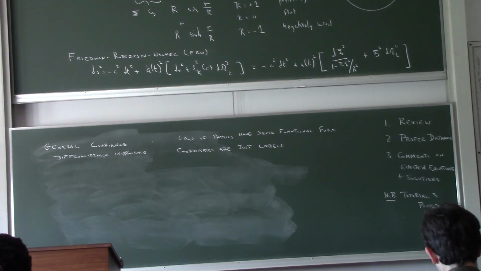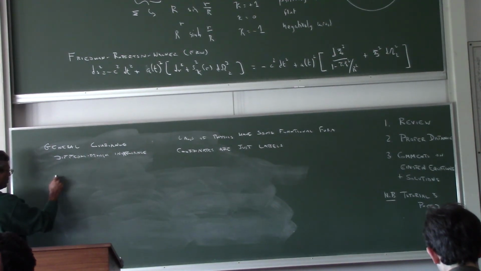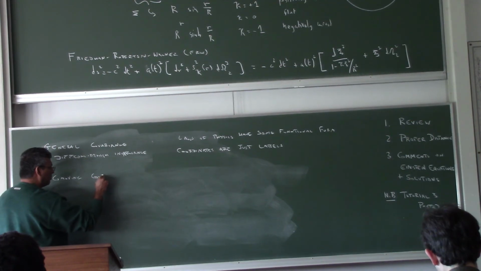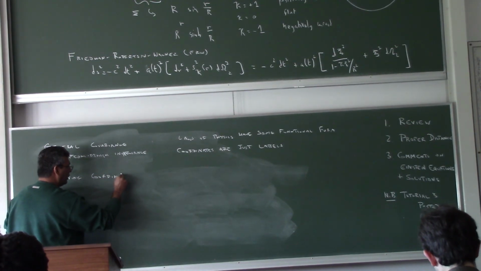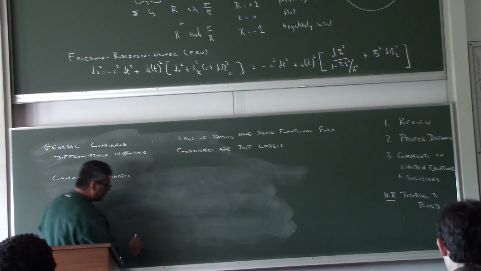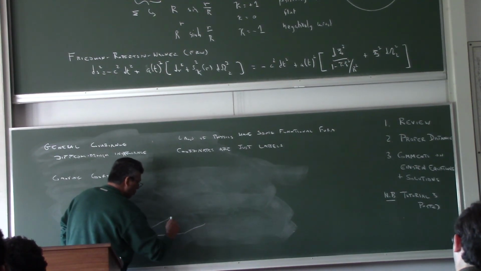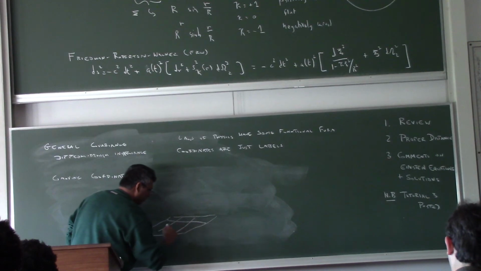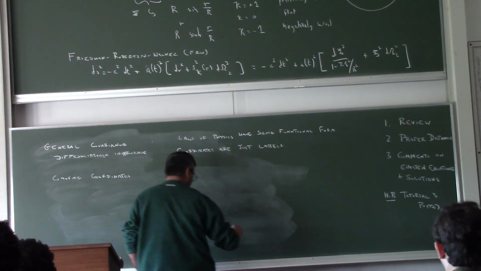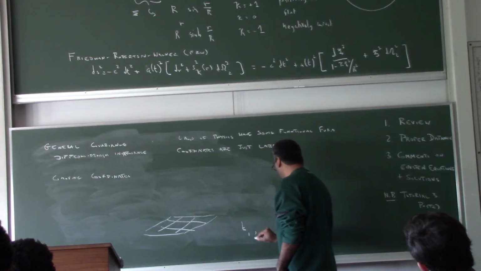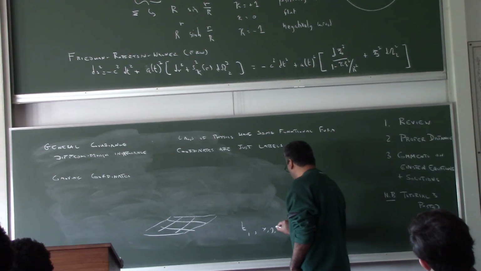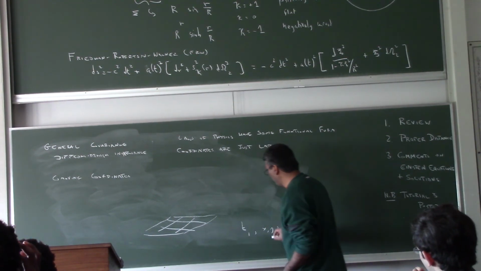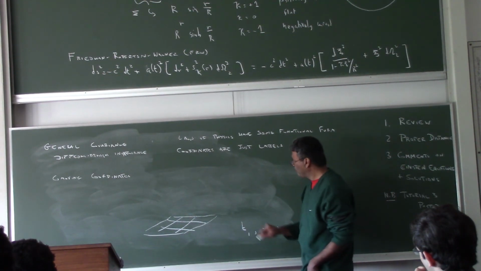So we then discussed co-moving coordinates. And a picture illustrated what was going on. So we had coordinates at a time t1, x, y, and z. So the x, y, and z represent coordinates on this grid.